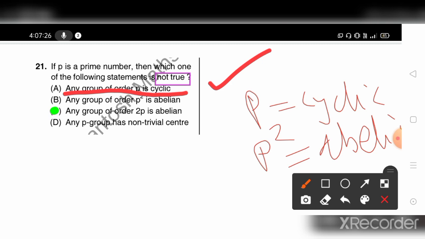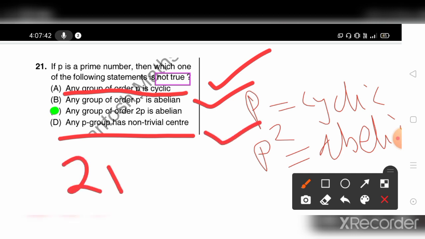Any p-group has a non-trivial center, also correct. A group of order 2p is cyclic or non-cyclic. If cyclic, then it is abelian, otherwise it is not abelian. So option C is the answer.